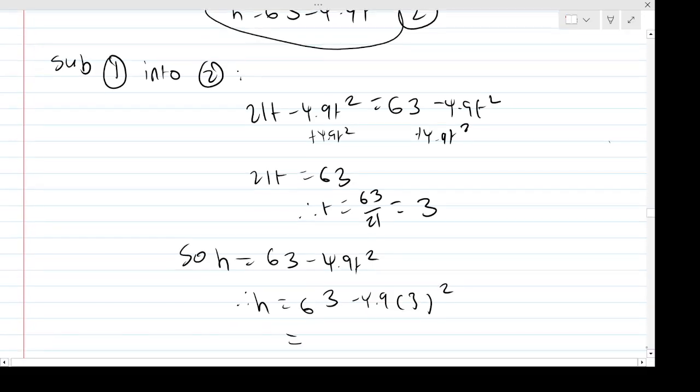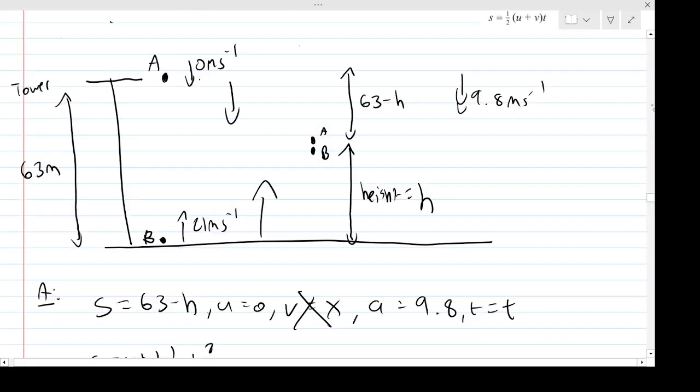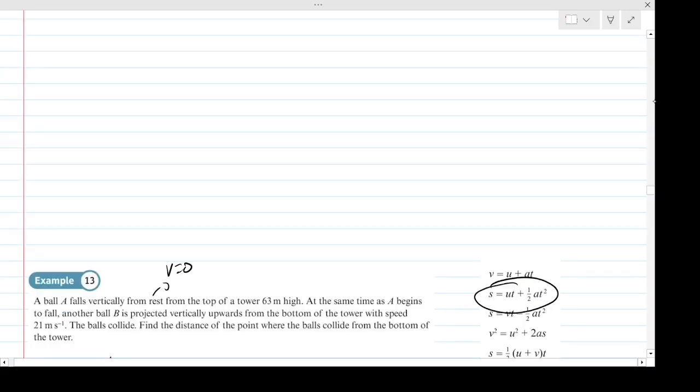If we work that out, we get 18.9. And that is my distance, the distance from the ground to the point where they meet. So that's 18.9 meters, and that is my answer.